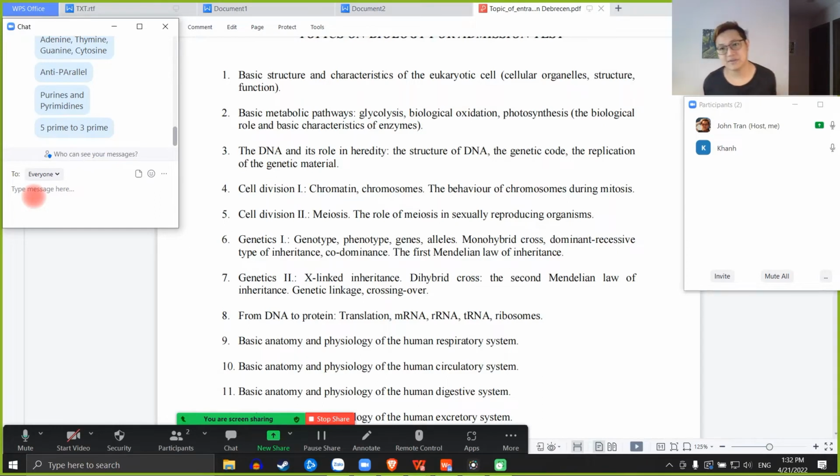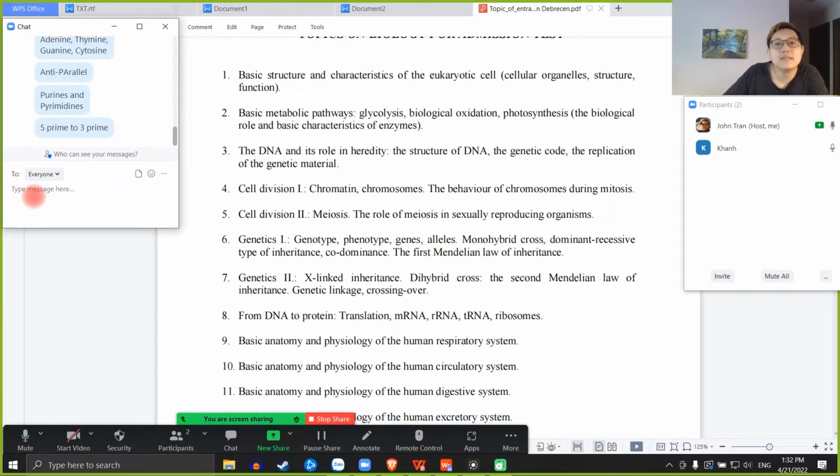The chain always goes in the 5' to 3' direction, and the opposite chain will, of course, go the opposite way. Okay, that's all.